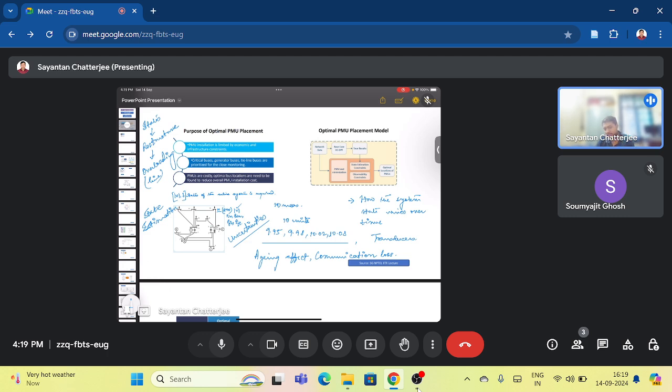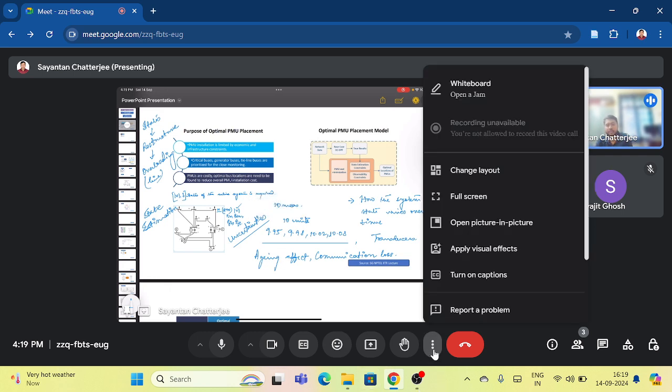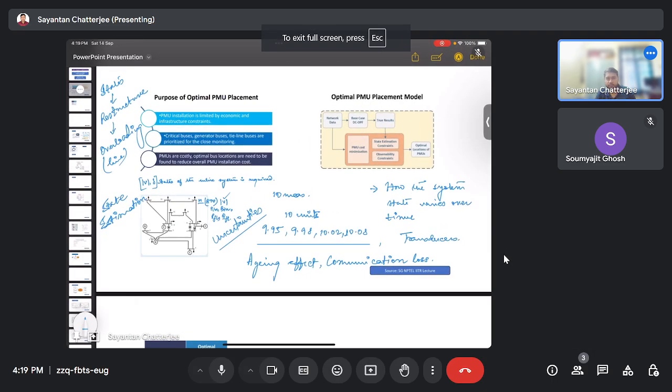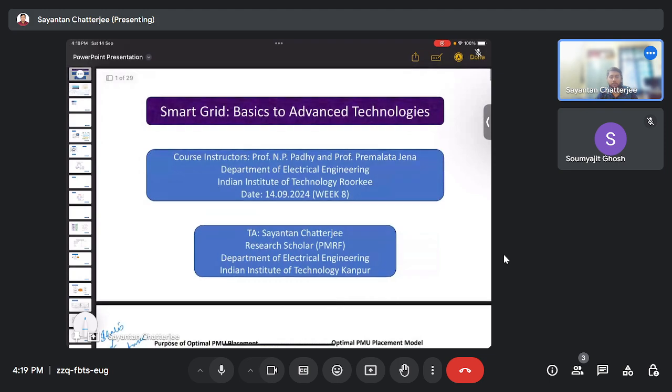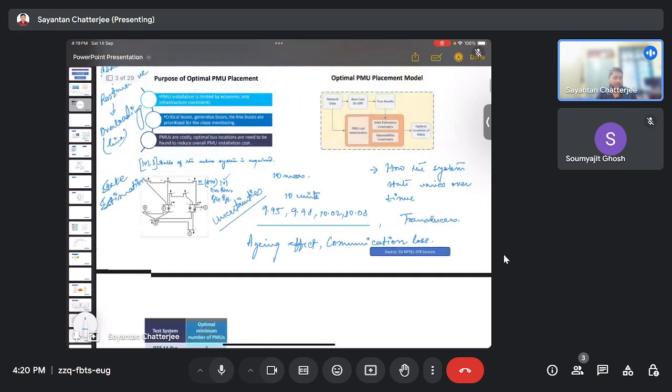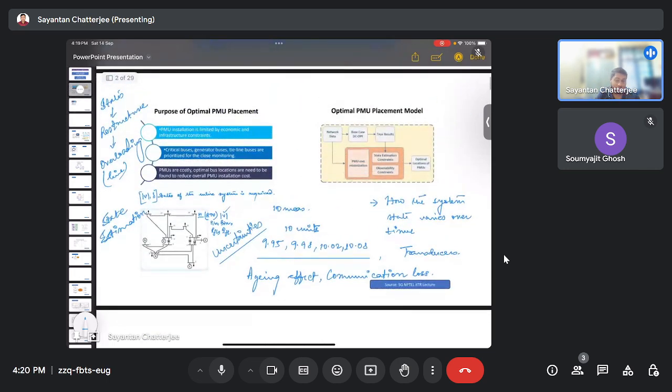It is in its budding stage, and we can hope to reduce the cost of these PMUs someday. But for the time being, the cost of PMUs is quite high, and that's why we go for optimal PMU placement.